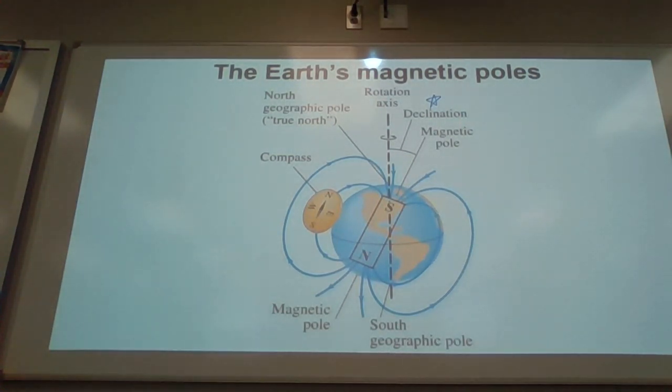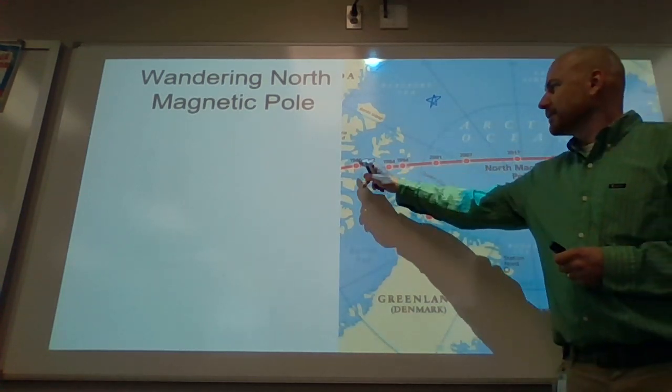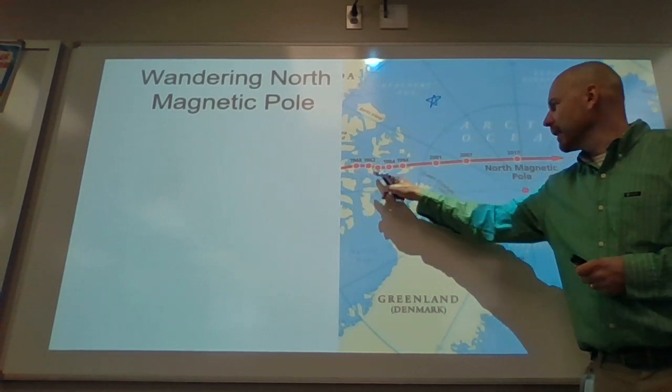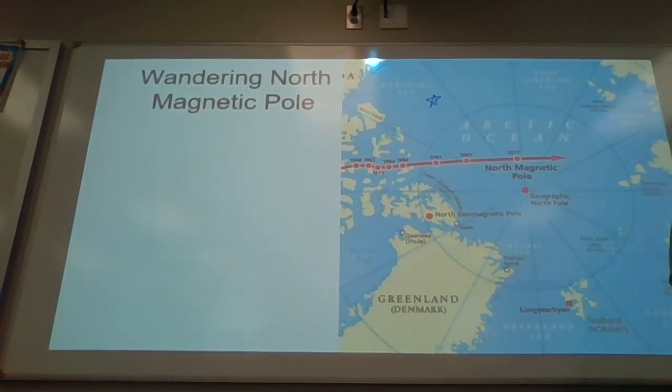Okay. And to make it even crazier, that location of the magnetic North Pole or South Pole is changing. Seventy years ago, it's over here, and it's moved and it's actually speeding up over time.